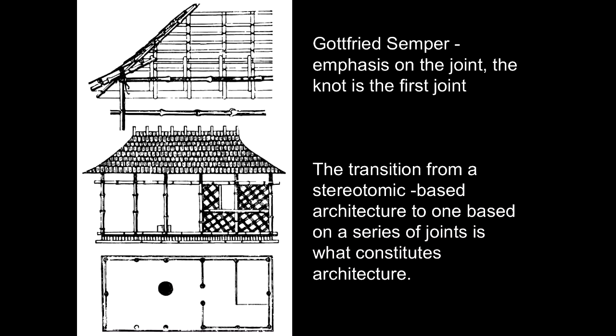For Semper, meaning in architecture was articulated through the architectural joint, and the knot was the first architectural joint. What he was seeing at the early stages of modernism, as we saw last week, is a transition from a stereotomic-based architecture to one based on a series of joints. Is that what began to constitute what is architecture, this architecture of assembled parts?